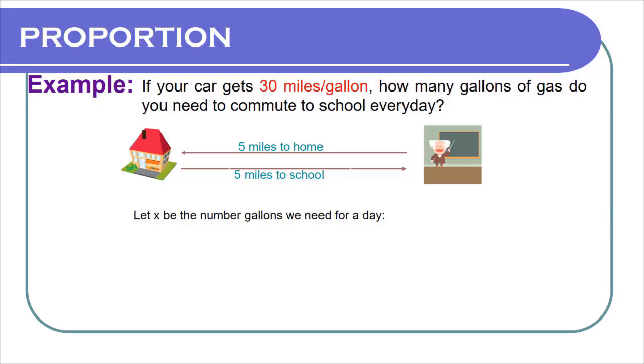Let X be the number of gallons we need for a day. So we have the proportion 30 miles over 1 gallon is equal to 5 miles, because we need to calculate the distance from home to school and then back to home again, so we add 5 miles, over X gallons.